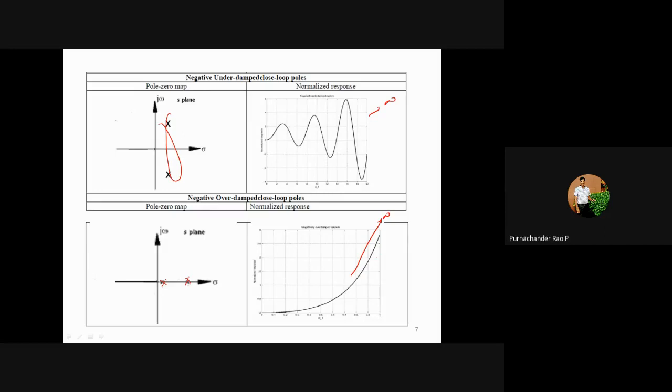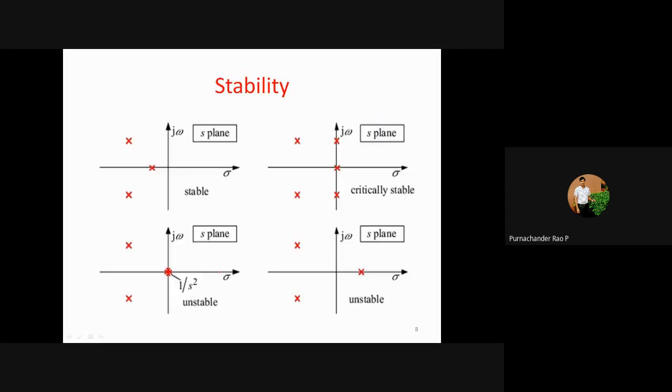As time tends to infinity, your response goes to infinity. So this type of system is called an unstable system. That means any root located on the right half of the S-plane makes the system unstable. Therefore, in the first case, all the roots are located on the left half of the S-plane, and therefore your system is stable.